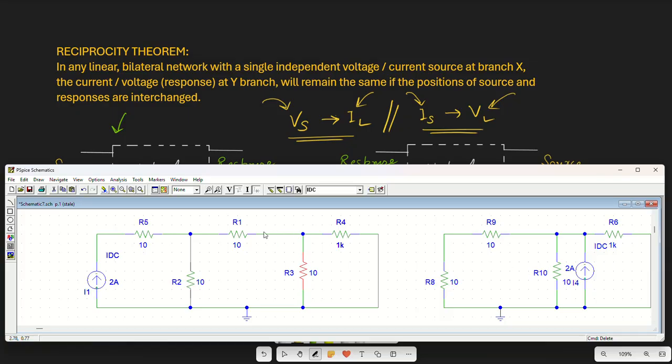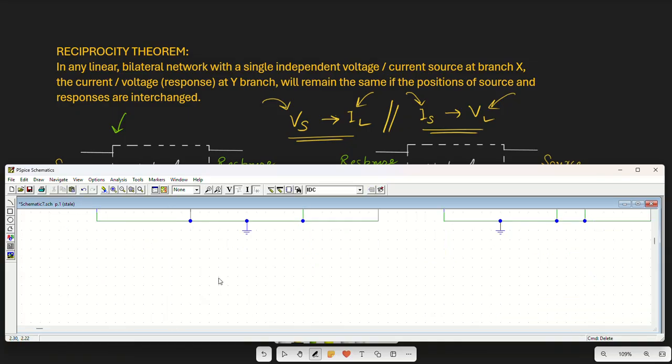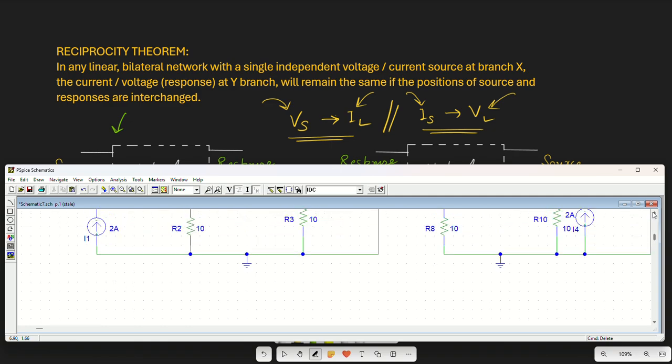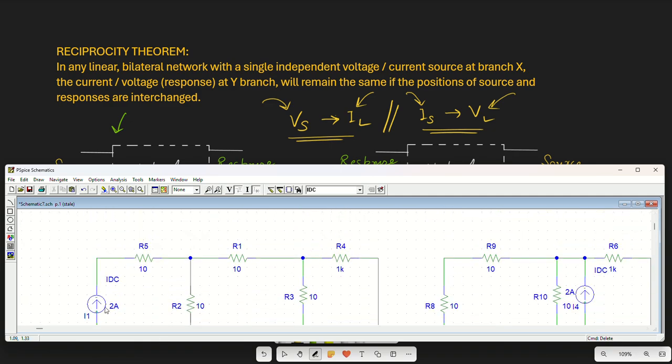And next, if you want to find out the direction, if you are considering voltage in this branch, then this will be positive on the upper terminal, lower terminal will be negative. So that is why current direction will be in the upward direction. So 2 ampere will appear here. Now if we have to put a voltmeter here, then obviously this terminal will be open.